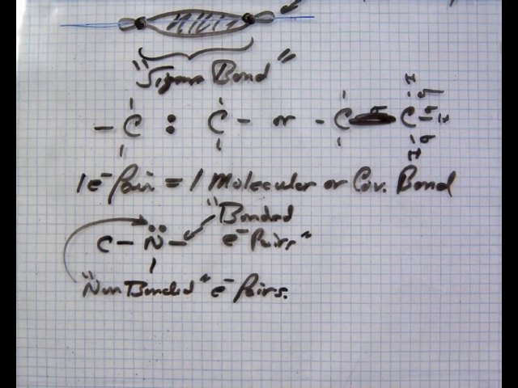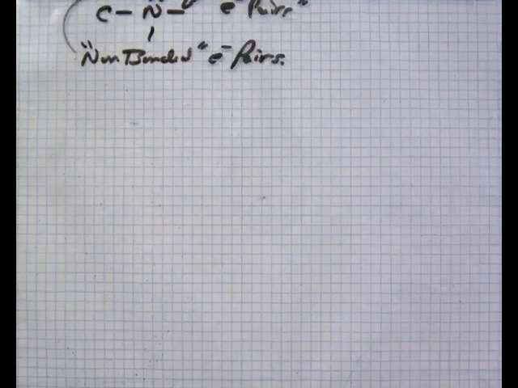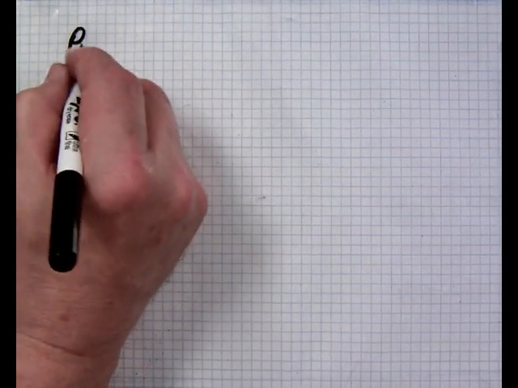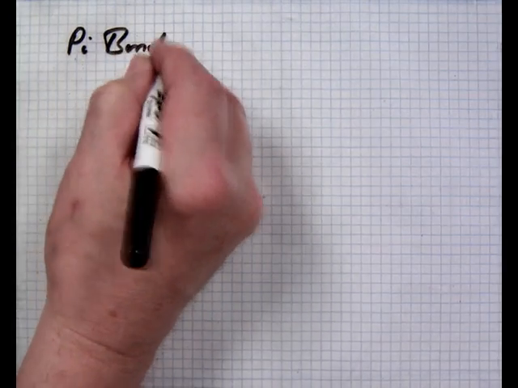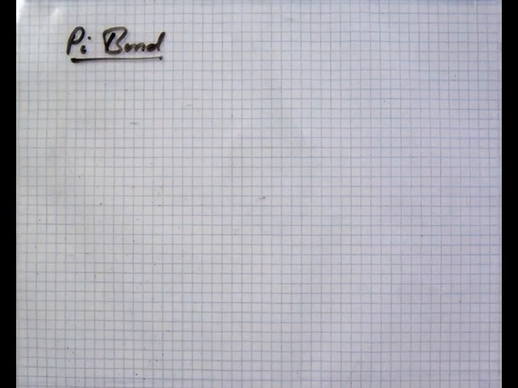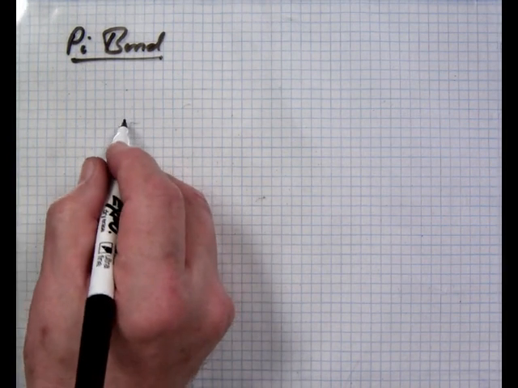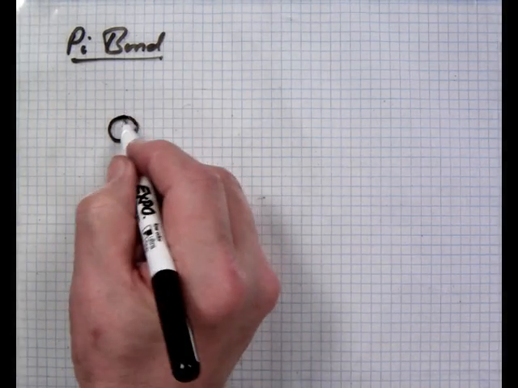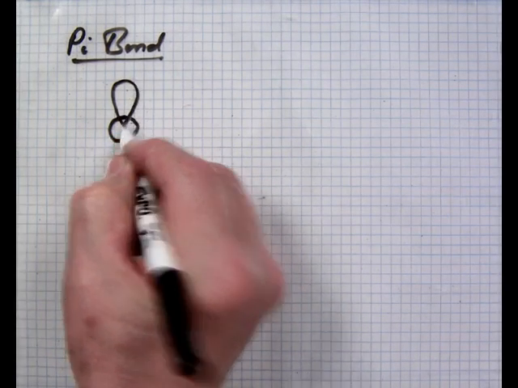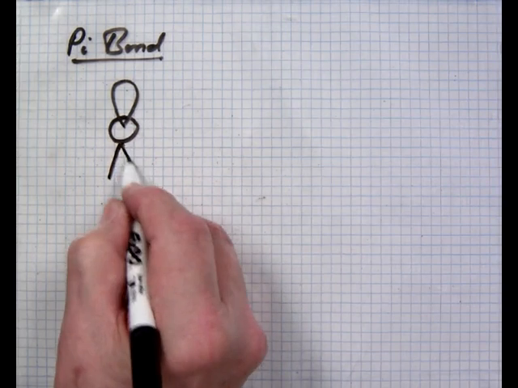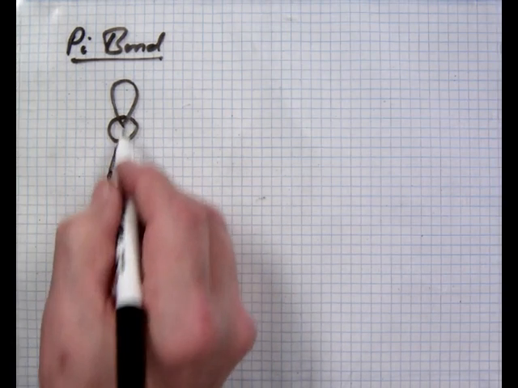Now, there's only one other kind of covalent bond, and it's called a pi bond. Carbon valence level can exist in different forms. One of those forms, if you have a carbon atom, can have a shape like this, and I will explain why in due time.